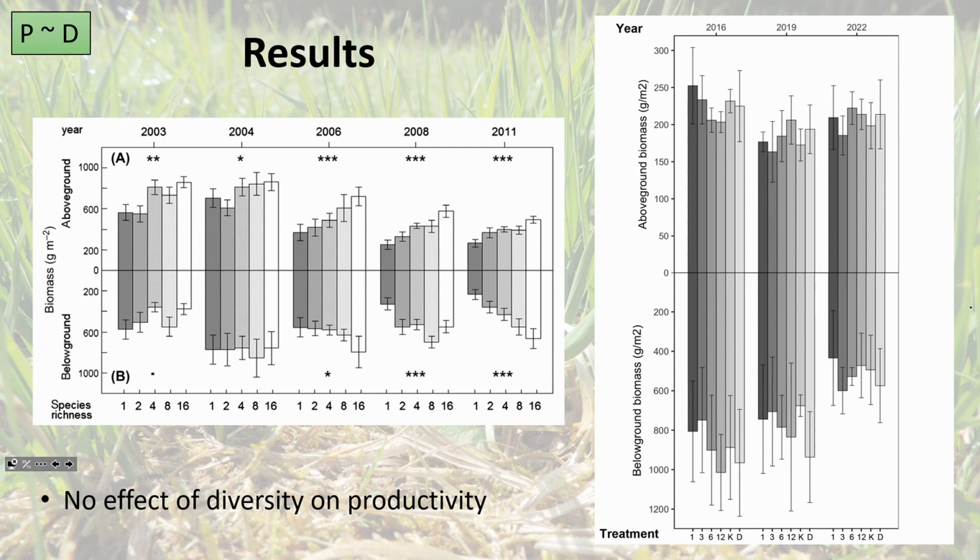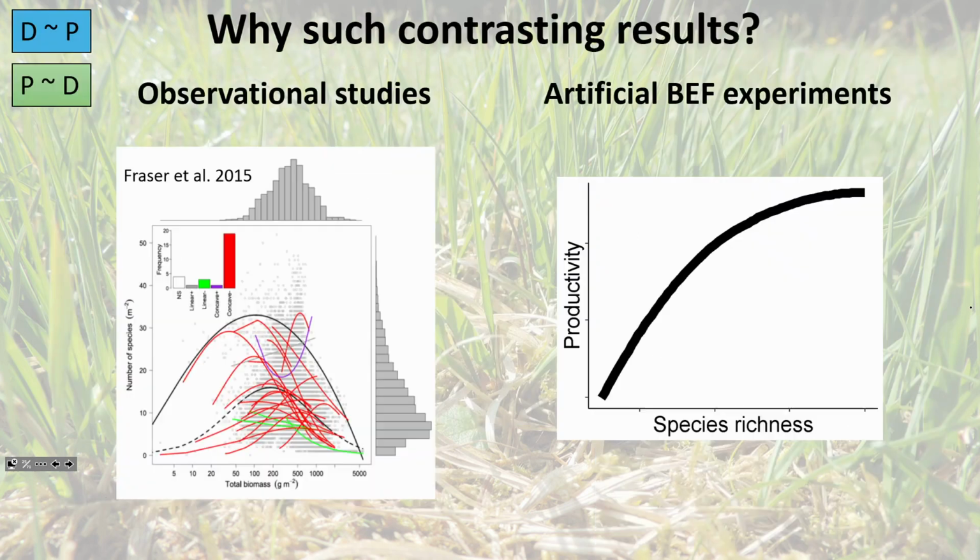There is some decrease in total productivity in time, but no differences between individual treatments. One can say that there wasn't enough time to differentiate, as here it's, how many, 6 years, so maybe we'll see a positive relationship in future, but we don't see it now, again, as with above ground productivity.